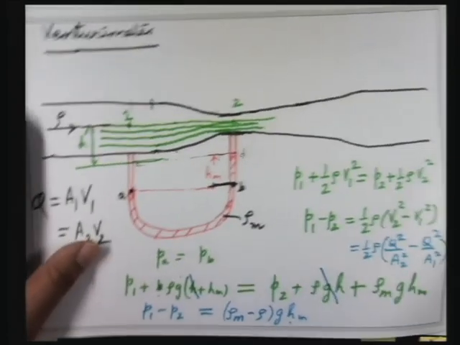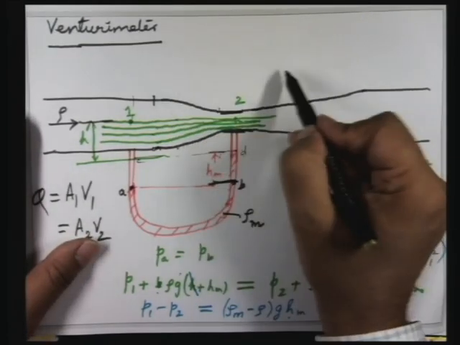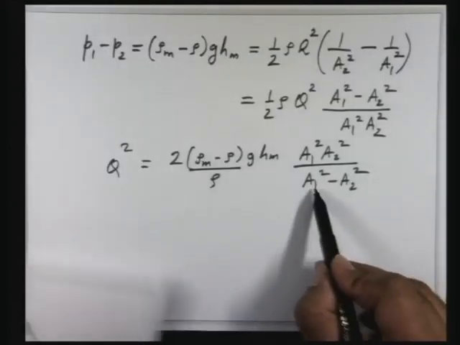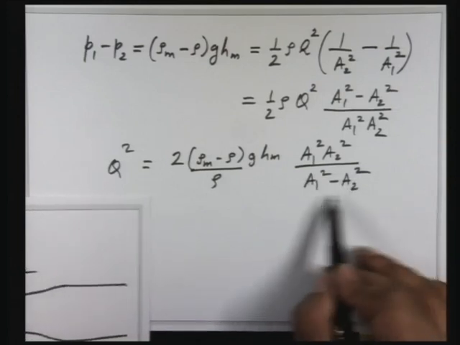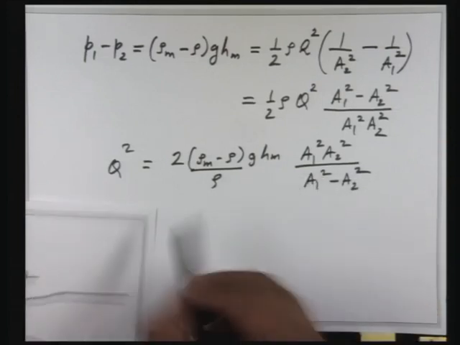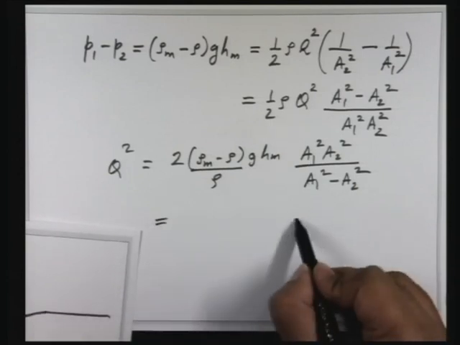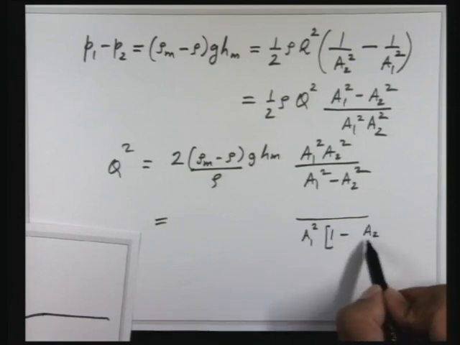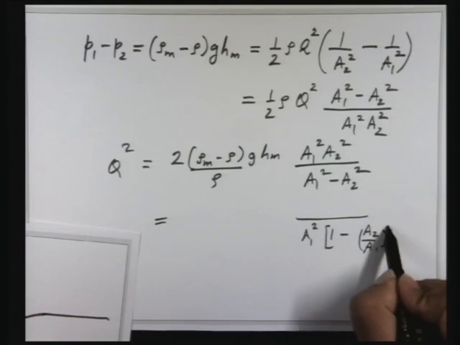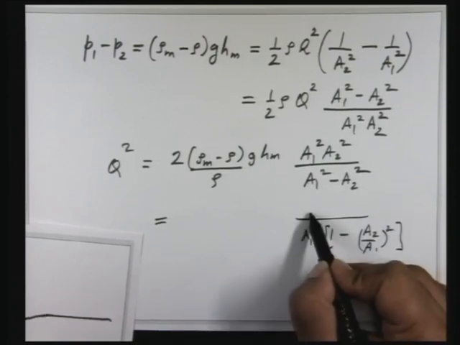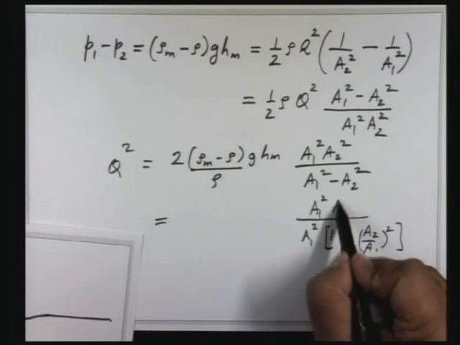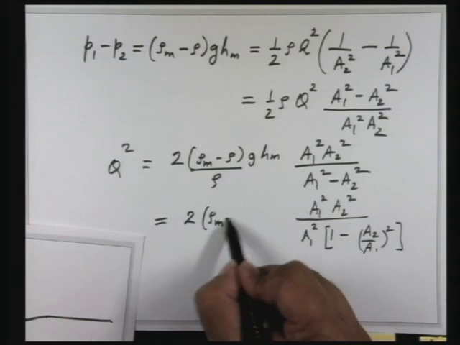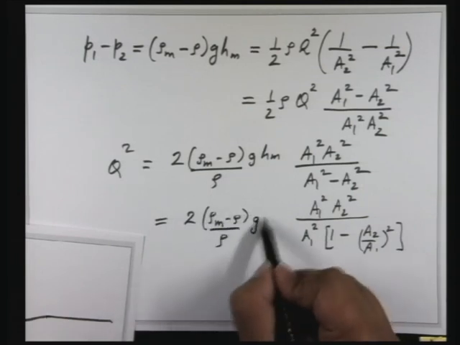Now here A1 is greater than A2 according to this figure, so your A1 squared minus A2 squared will be a positive quantity. So I can look at it this way: I factor out A1 squared, then I have 1 minus (A2 by A1) whole squared in the denominator, and here I have A1 squared A2 squared, and this remains as it is, (rho_m minus rho) by rho g h_m.